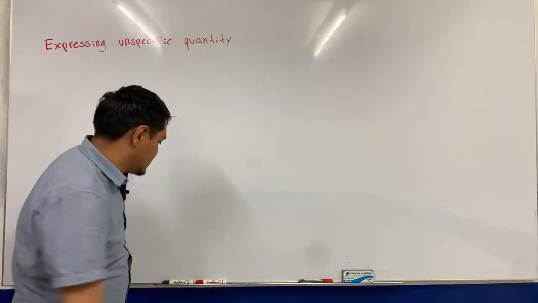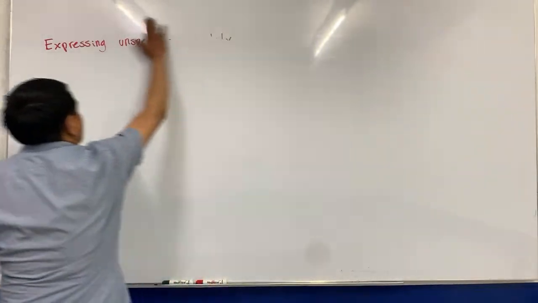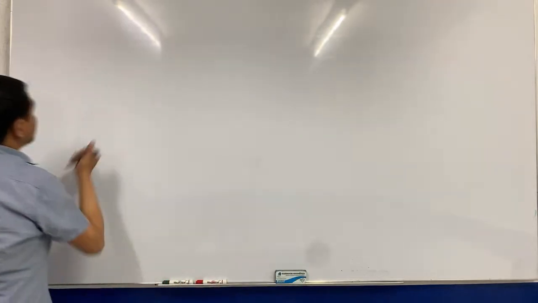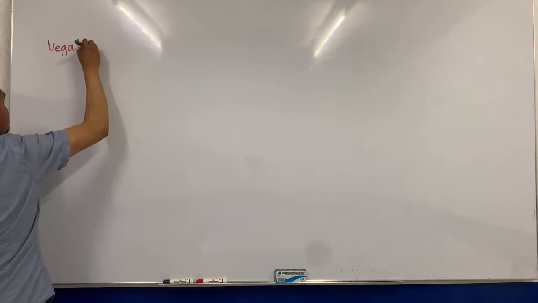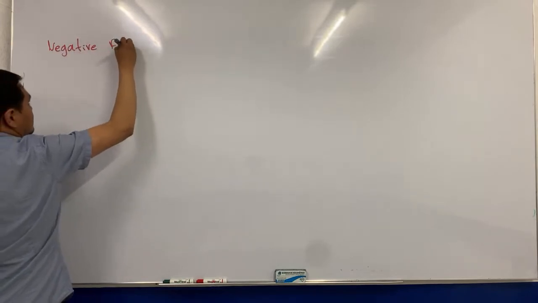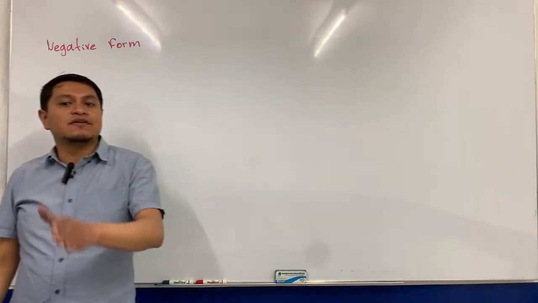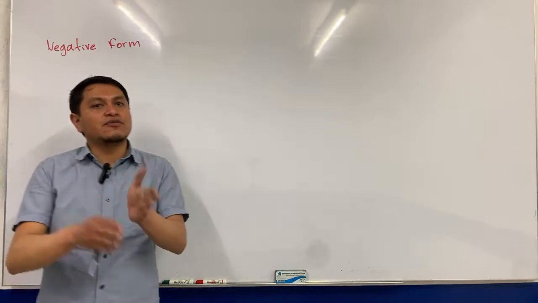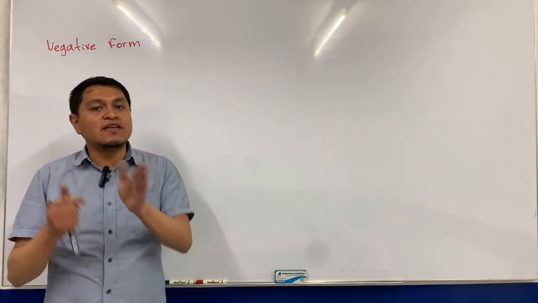Right, this is the next, negative form. Negative form for there is and there are. When we use negative form, there is not, there are not any. Repeat, there is not.